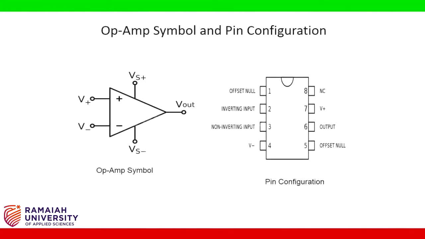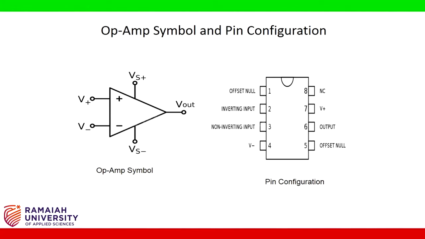Operational amplifier is an 8-pin integrated chip. The pin configuration is as shown here, and each pin has its own functionality. Pin 1 and 5 are offset null. Pin number 2 is used for inverting applications. Pin number 3 is used for non-inverting applications.